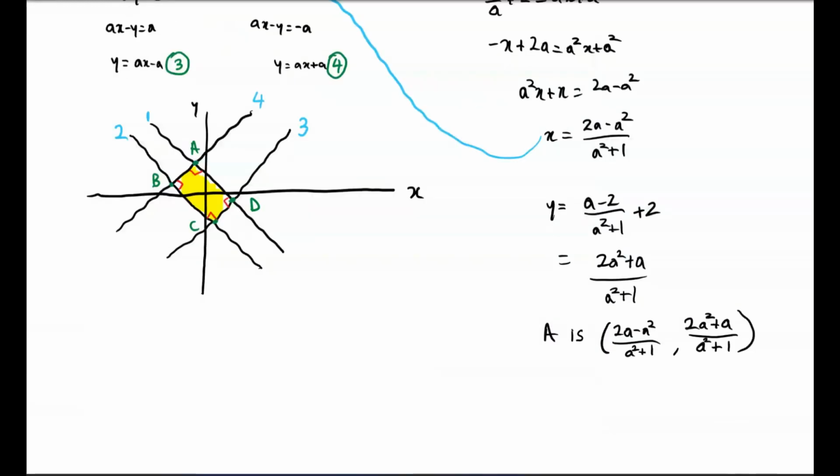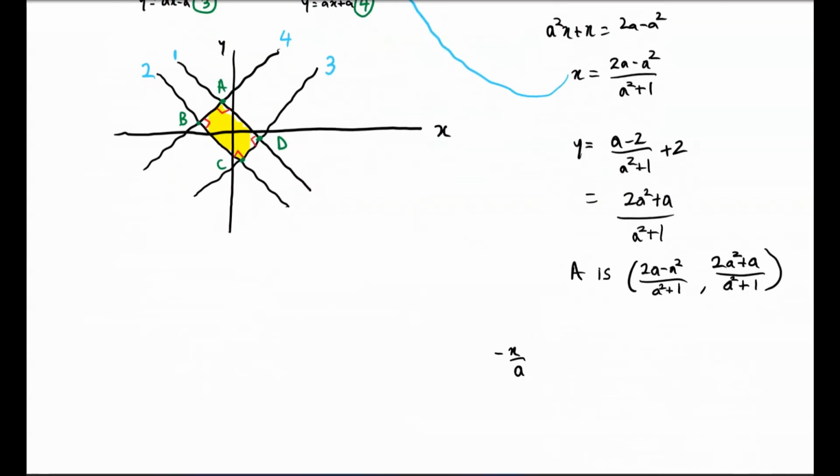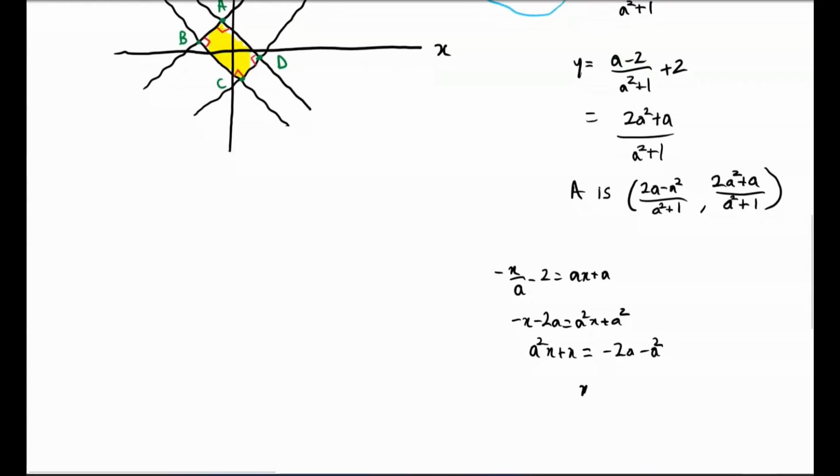To do this, we need to find where the lines 2 and 4 intersect. So when this happens, we're going to have minus x over a minus 2 is equal to ax plus a. Again, we multiply by a to get minus x minus 2a is equal to a squared x plus a squared. Isolating the x gives us a squared x plus x is equal to minus 2a minus a squared. And so x is equal to minus 2a minus a squared over a squared plus 1.